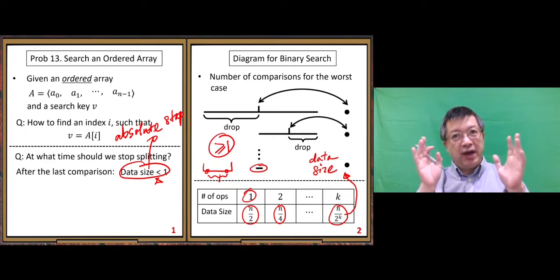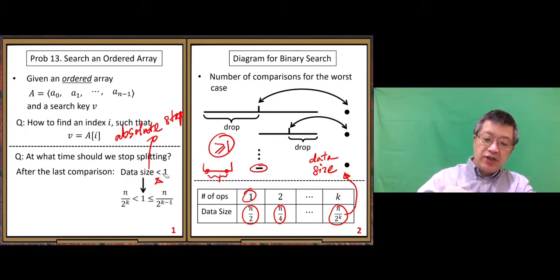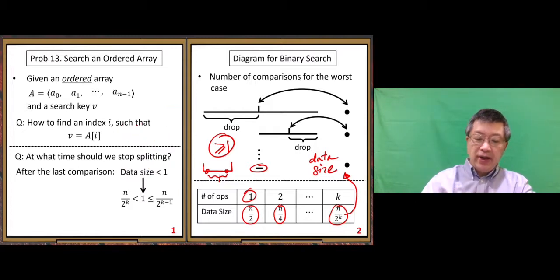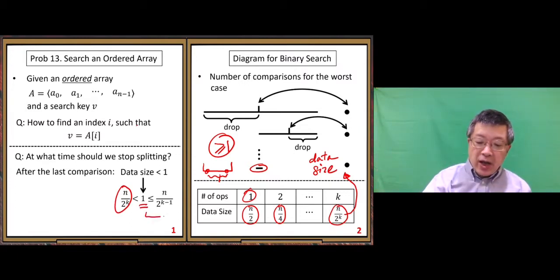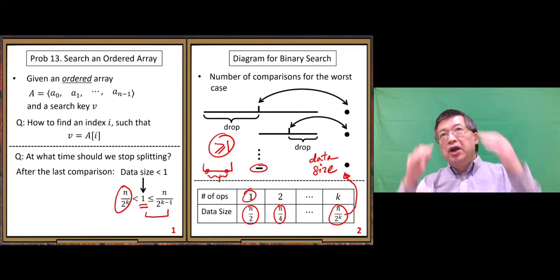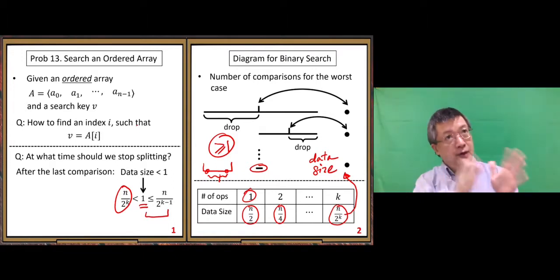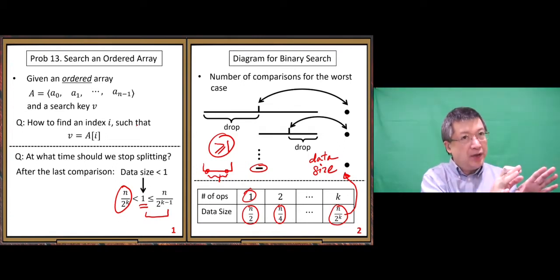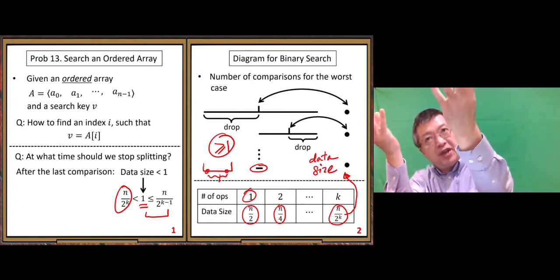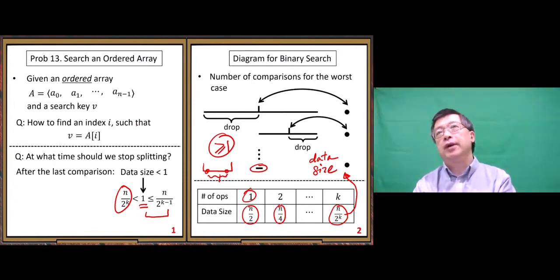Now we want to look at this point. Let's consider this inequality: the data size less than 1. We need that, but we also need this other half, that means the previous data size, before it's split to get this size, should be greater or equal to 1.